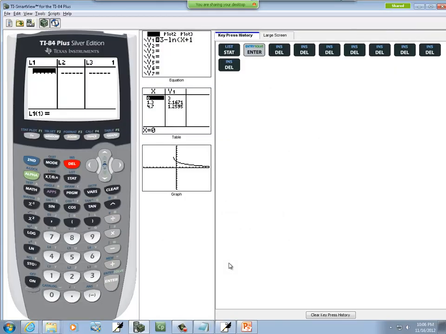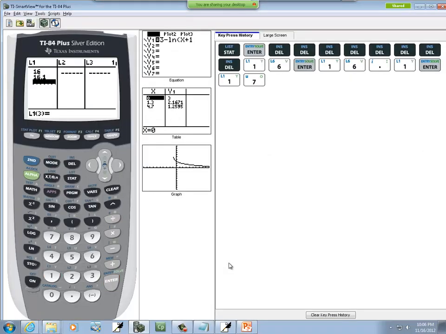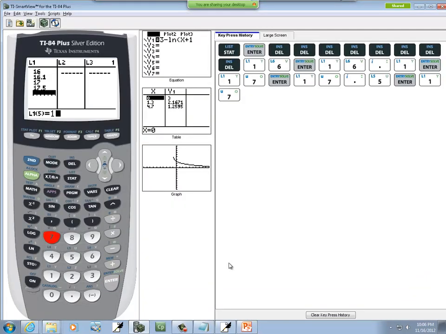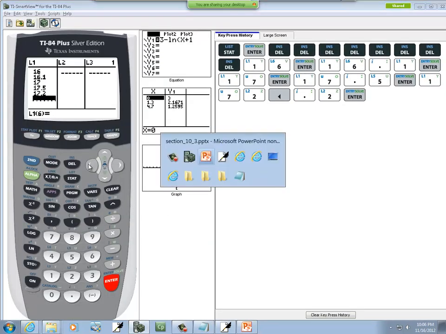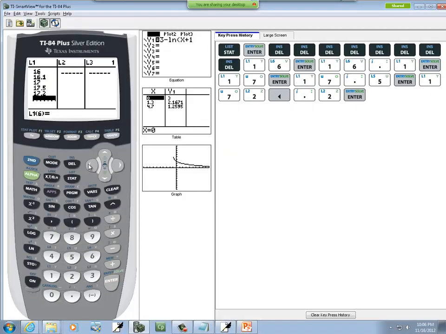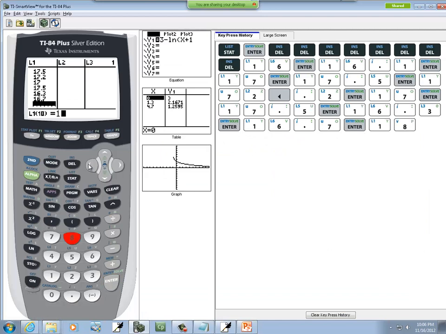So we've got 16, 16.1, 17, 17.5, 17.2, 17.5, 17, 17.5, 16.3, 16.7, and 18.7.